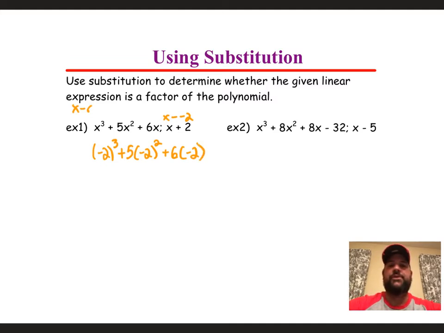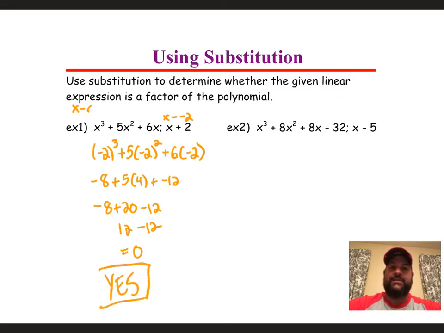So let's see, negative 2 cubed is negative 8, plus 5 times negative 2 squared is 4, and then plus 6 times negative 2 is negative 12. So we have negative 8 plus 20 minus 12. Well, negative 8 plus 20 is 12, and then minus 12, that gives us 0. So yes, we would say that x plus 2 is indeed a factor because when we took negative 2 and plugged it into the function, we got 0.